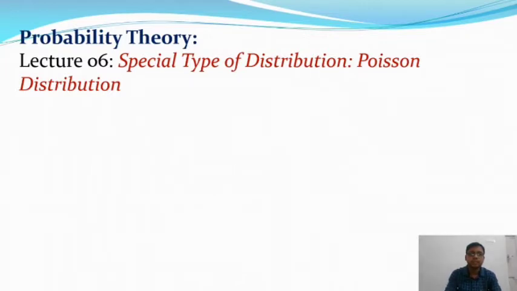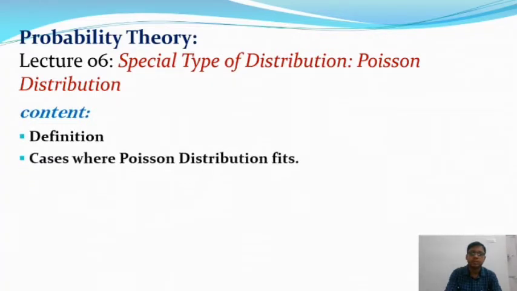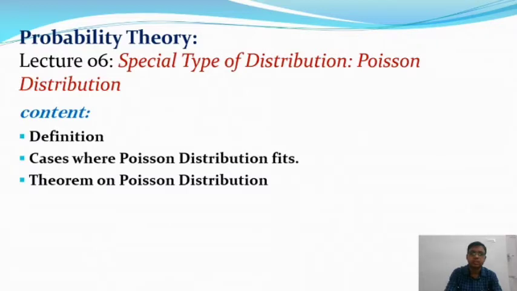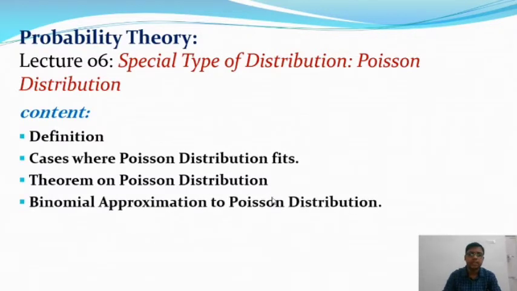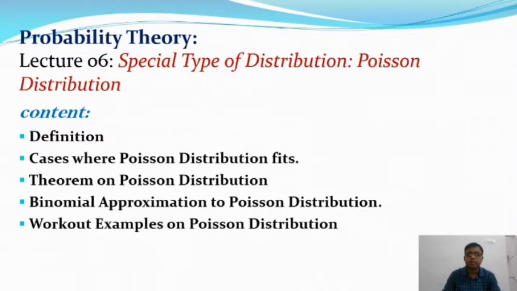In this section we will continue to discuss the definition of a Poisson distribution. After that we will talk about some cases where the Poisson distributions fit. Then we will talk about some theorems on Poisson distributions, and then we will study the binomial approximation to the Poisson distributions, and after that we will discuss some related examples on Poisson distributions.